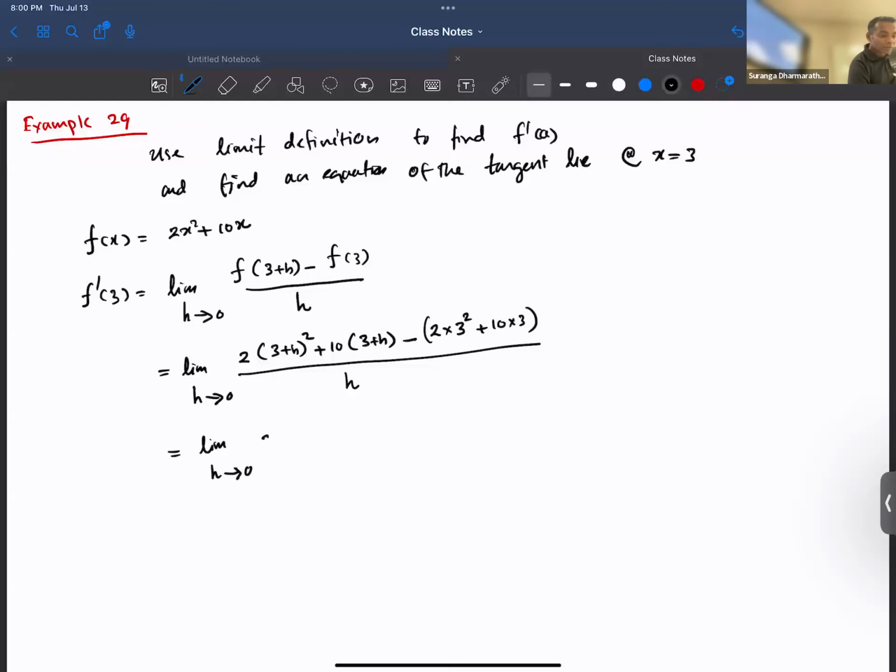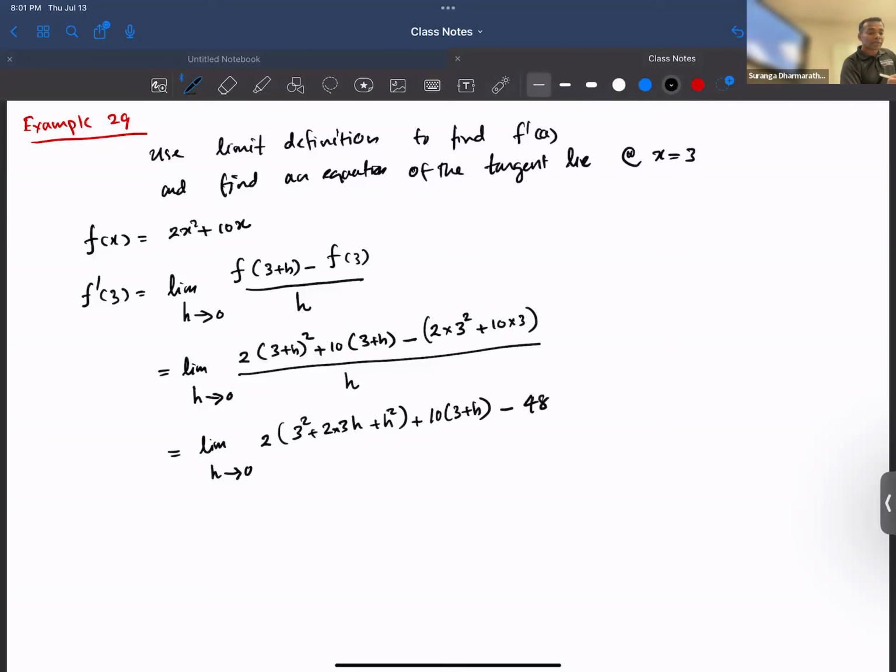What did we do? 2 times 3 squared plus 2 times 3h, plus h squared, plus 10 times 3 plus h, minus, how do I simplify the inside? 3 squared is 9, 9 times 2 is 18, 18 plus 30 is 48.